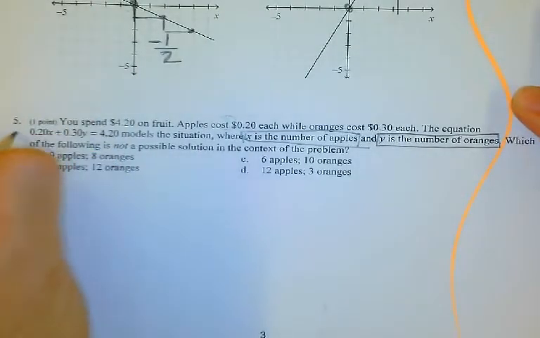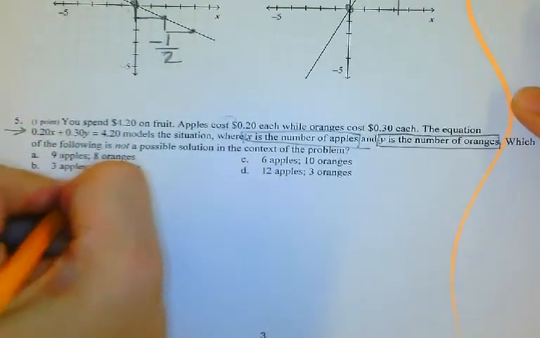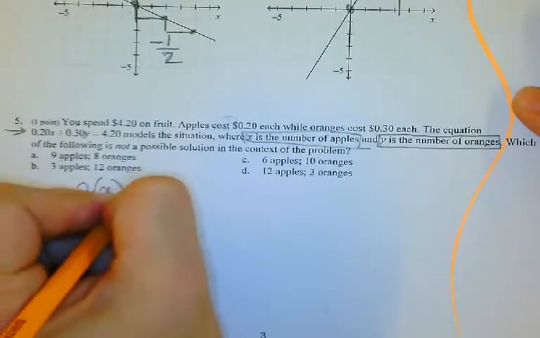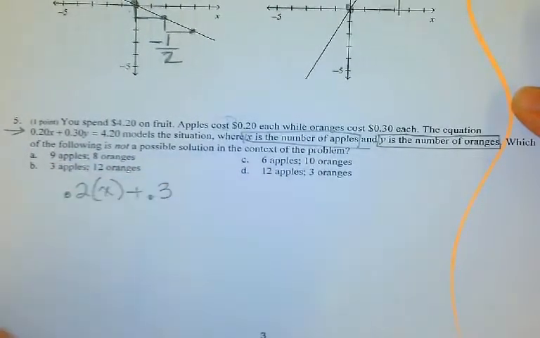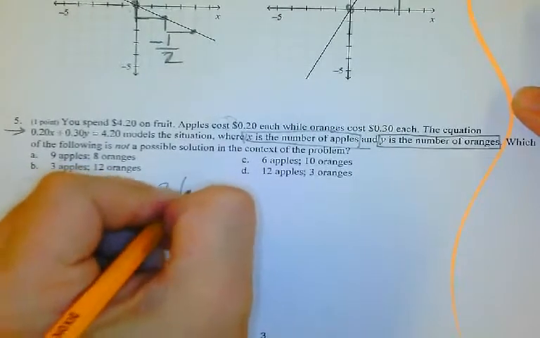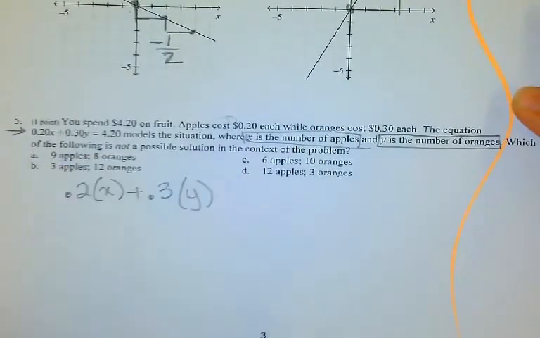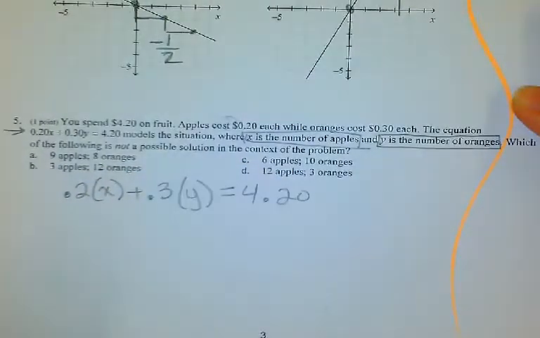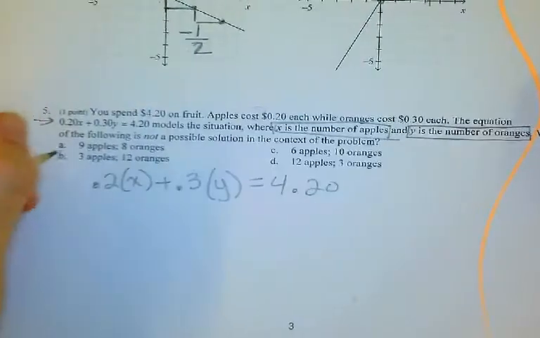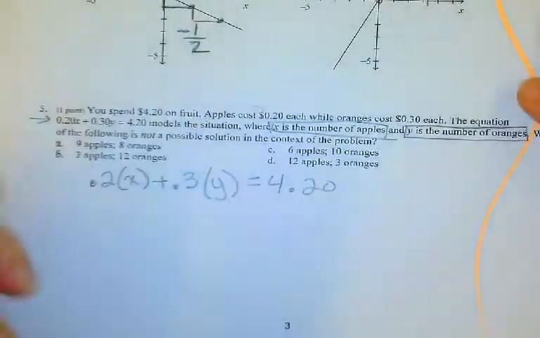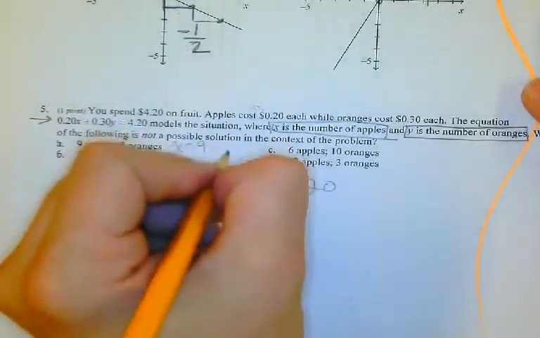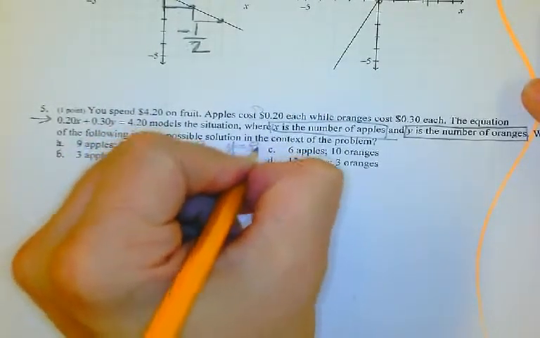So they give us our equation: 0.2 apples plus 0.3 oranges has to equal $4.20. So option A gives us 9 apples and 8 oranges.